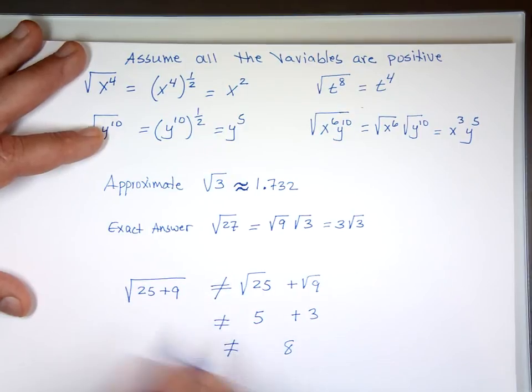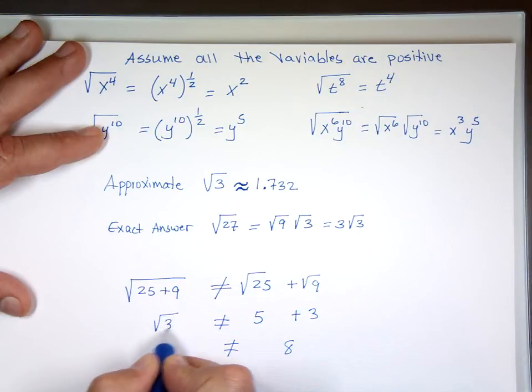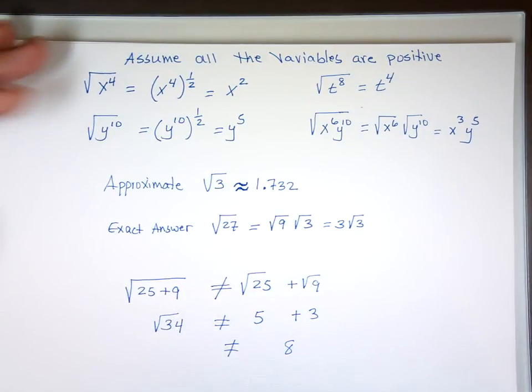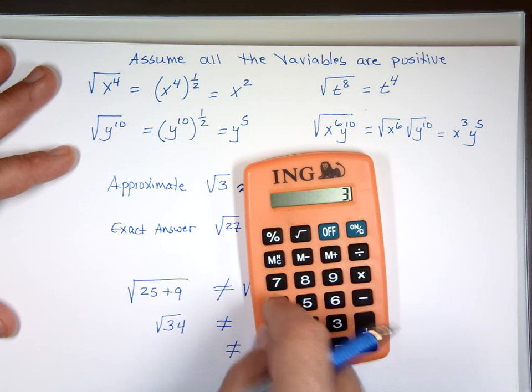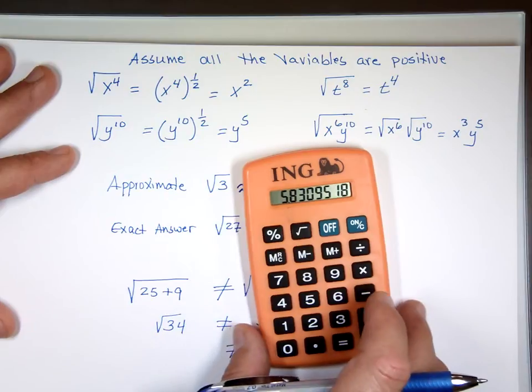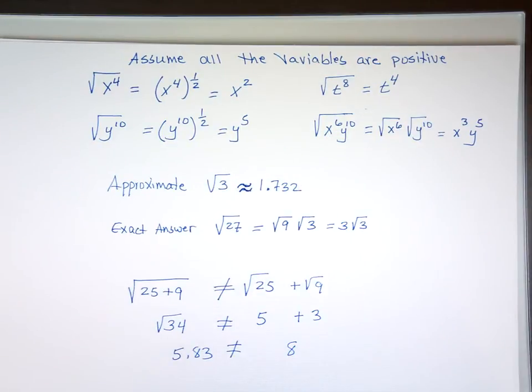If you add 25 and 9, what's the answer? 34. And let me see, this cheap calculator has a square root. Let's see, 34, hit square root, and it says 5.83. That's why they don't equal each other. They're not.